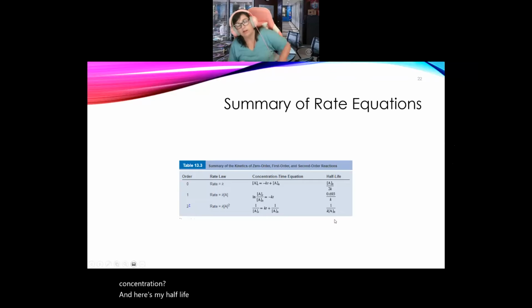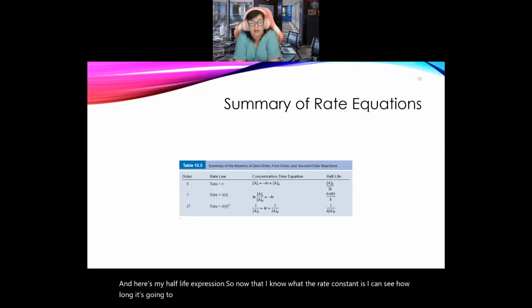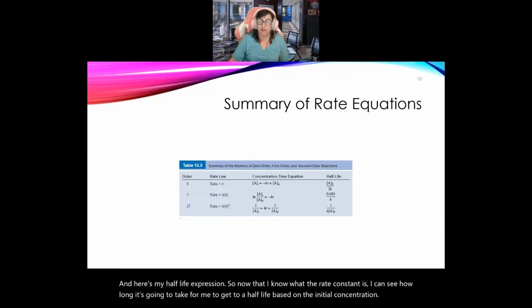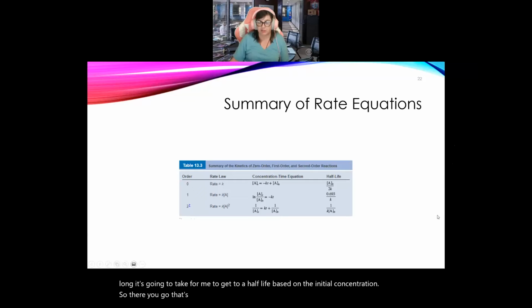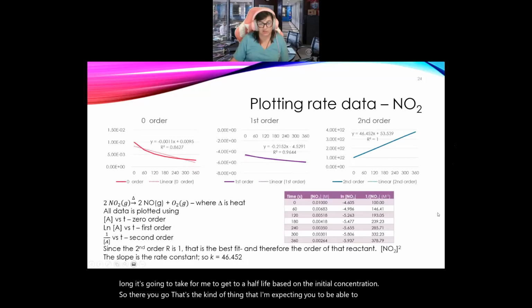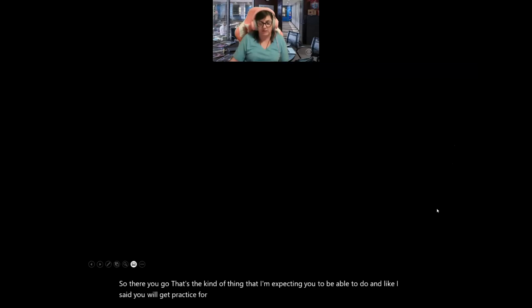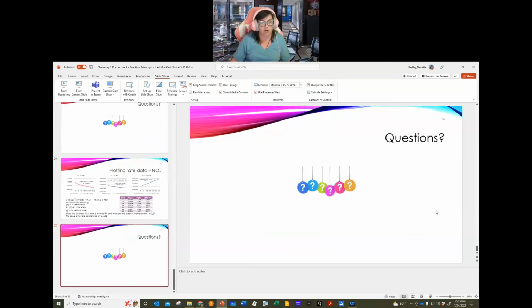So now that I know what the rate constant is, I can see how long it's going to take for me to get to a half-life based on the initial concentration. Okay? So there you go. That's the kind of thing I'm expecting you to be able to do. And like I said, you will get practice for that so that you can have some idea of how to do it. Questions, comments, problems on what we are going to do with understanding rates.